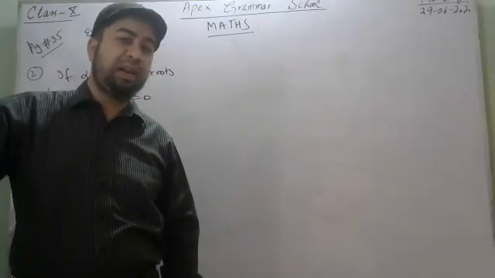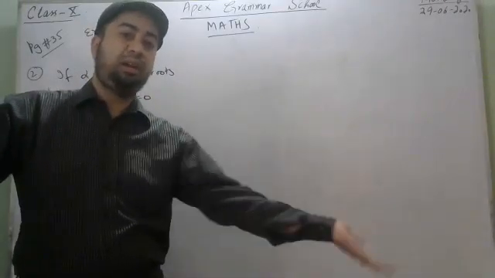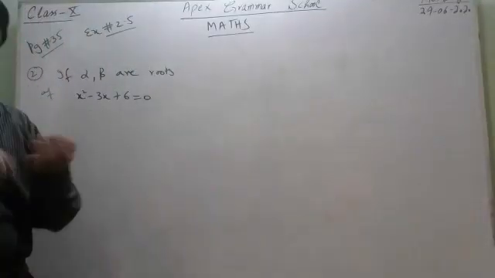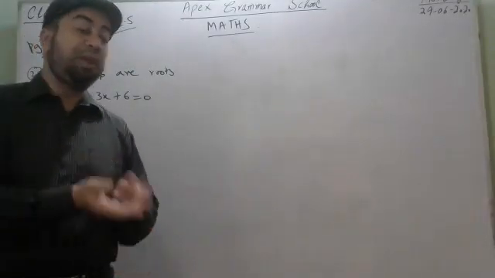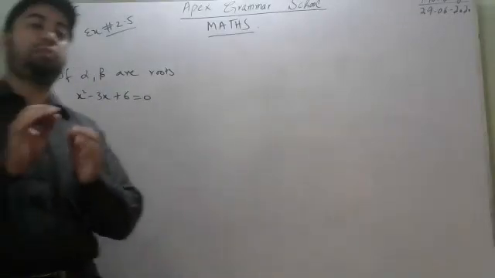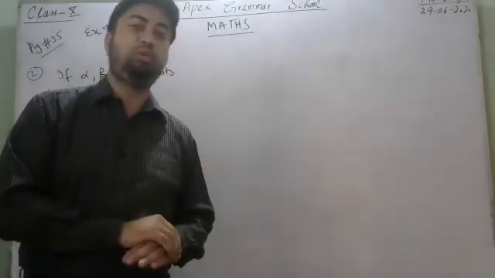What will be the equation for that kind of roots? After spinning those roots, we will apply the same method, x square minus sx plus p is equal to 0, and make that equation.